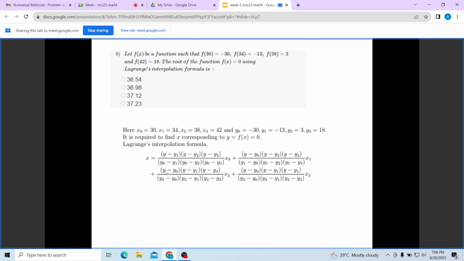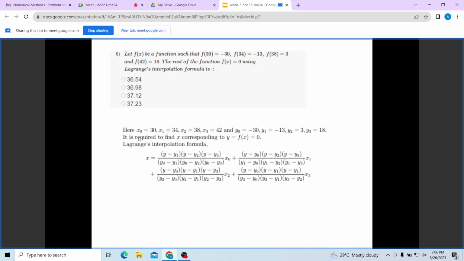Similarly, the fourth term is y minus y naught into y minus y1 into y minus y2, and we are removing the y3 term. So in the denominator, at the place of y, put y3. You'll get y3 minus y naught into y3 minus y1 into y3 minus y2, and multiply it with x3.